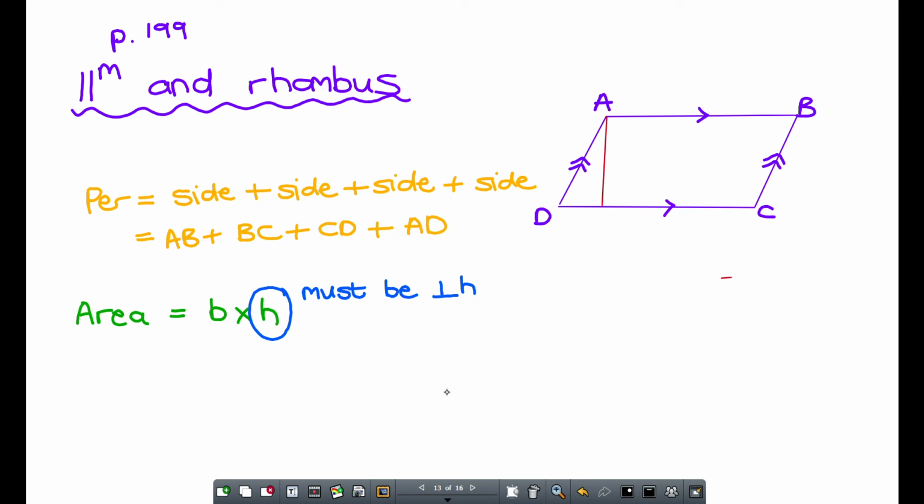Okay, and they will indicate it with the 90 degrees triangle. All right, remember I can show 90 degrees is here or it could be there. Same thing. It's still your perpendicular height. So this will then be your height.